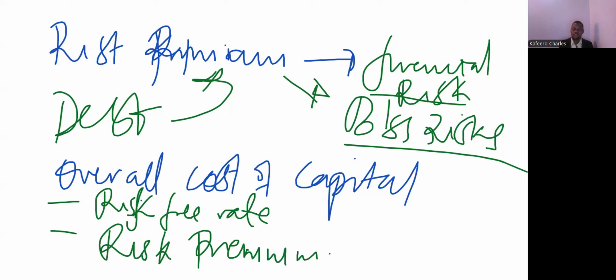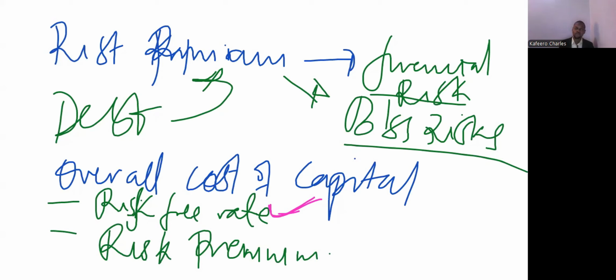As I said, it will be hard for a business to actually go and borrow from the Bank of Uganda. It is impossible. It will be only the commercial banks that are going to borrow from the Bank of Uganda. So what that means is that the business itself will not utilize the risk-free rate alone, meaning it will be only the commercial banks.